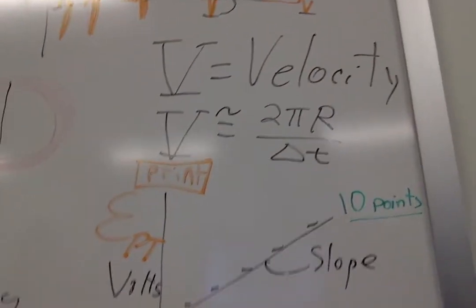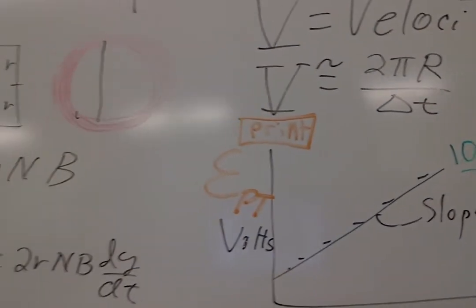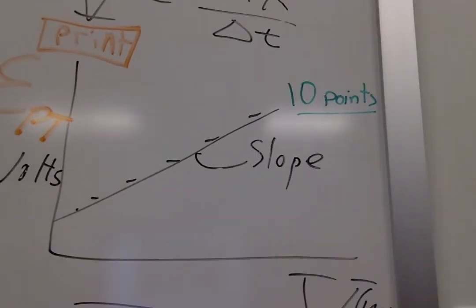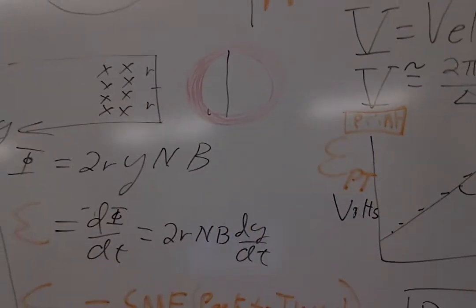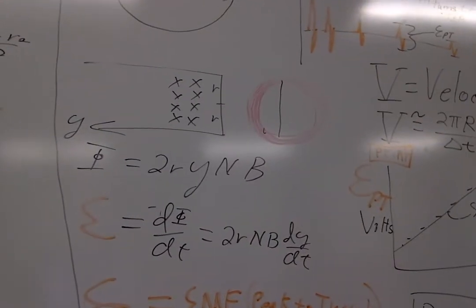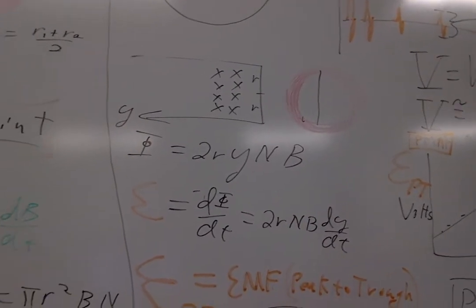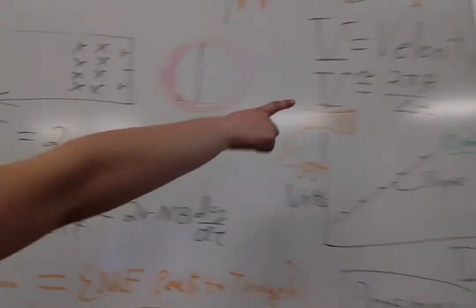And the electromotive force is what you got off of the height difference, and then velocity is you take the time that you got from between peaks, and then you plug it into, where is this equation? Velocity? This is velocity.